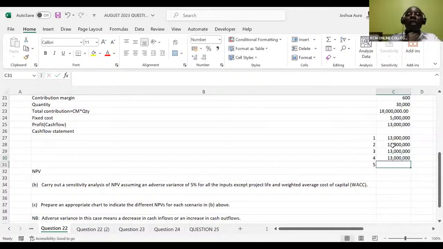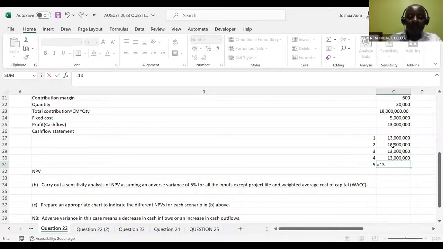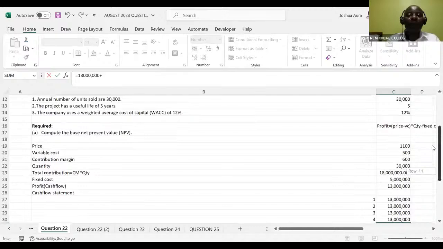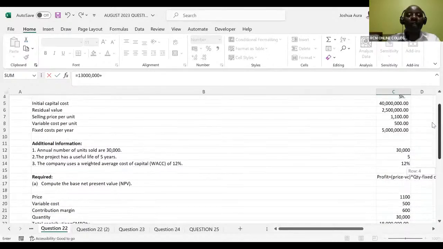But when it comes to year number 5, I must put equals because I'm going to add 2 things. There's a function I'm going to use. So I'll say equals. I pick this 13 million. Year 5 is the terminal year. I pick this 13 million, and then I say plus the residual value, the scrap value. The scrap value has been provided in this question.